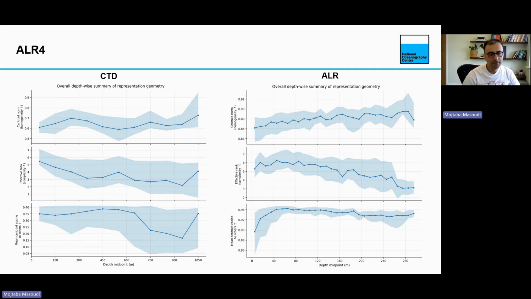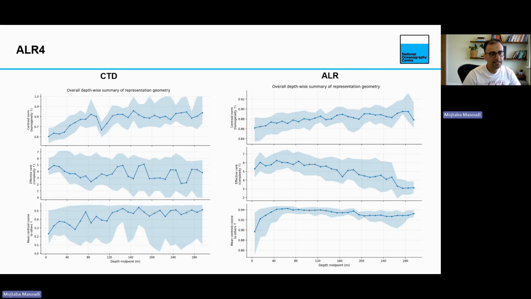If we compare with the same depth value, that data follows exactly the same rule as the CTD as well, and we realize that those CTD and ALR data, regardless of how we collected the data, and the way the data was collected being completely different, can be comparable, and we can get some insight from those data as well. And that was, I think, my last slide.